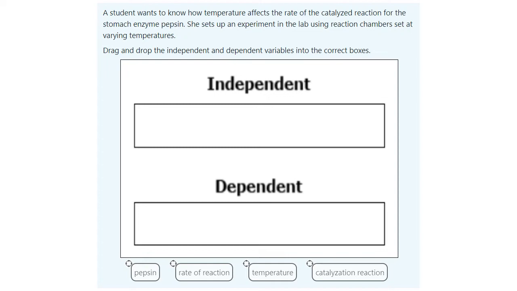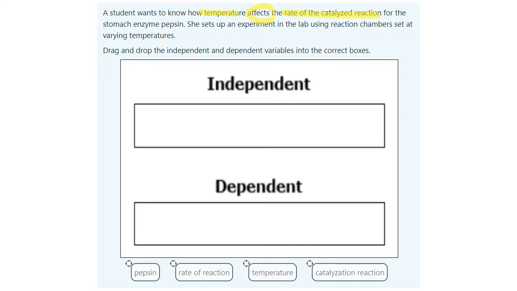So the four options are pepsin, rate of reaction, temperature, and catalyzation reaction. A student wants to know how temperature affects the rate of the catalyzed reaction. Temperature, I see that word, affects the rate of the catalyzed reaction. So temperature and rate of catalyzed reaction should be the independent and the dependent variable.